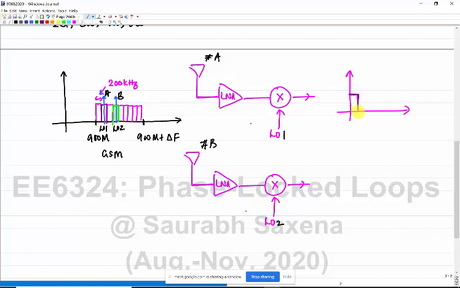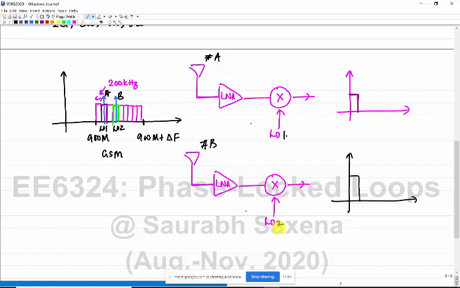User A should get only this, and user B should get the signal corresponding to user B. Right? Now you just think about it. If, the way I have shown you, the bandwidth of the signal is only 200 kilohertz, then the difference between the LO1 and LO2 frequency is very small.